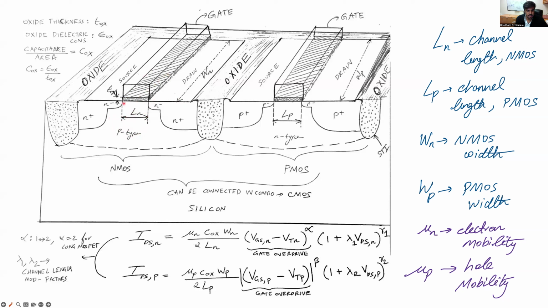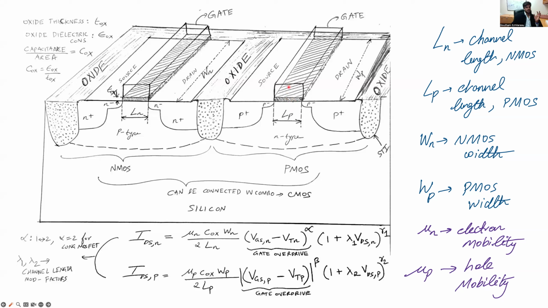In between the source and the drain there is also an oxide layer, and on top of it is a gate electrode. Similarly, you have the reverse in the case of the PMOS. You have the P plus, P minus source and drain with the N-type body, and similarly some oxide thickness here with a gate electrode.